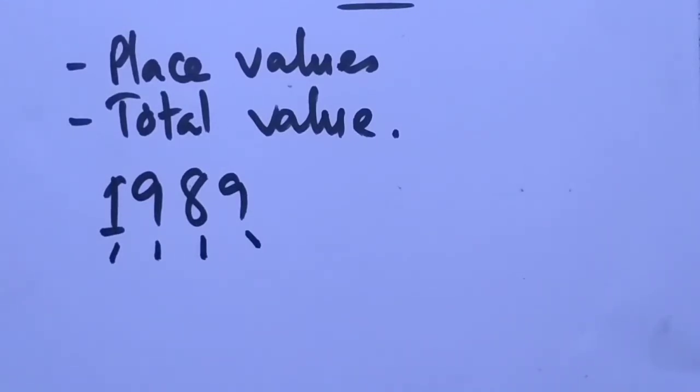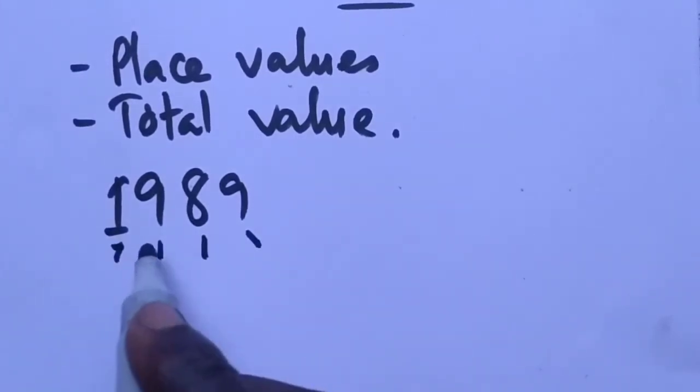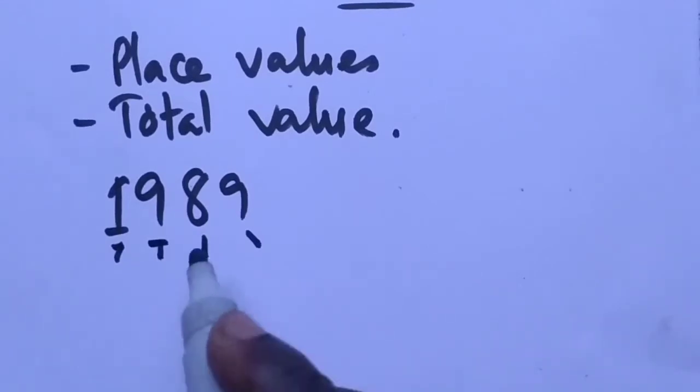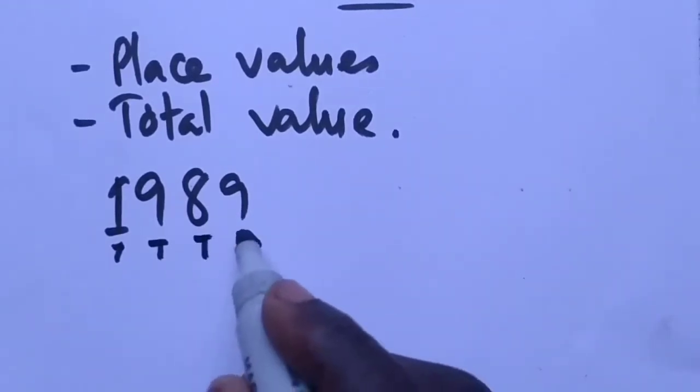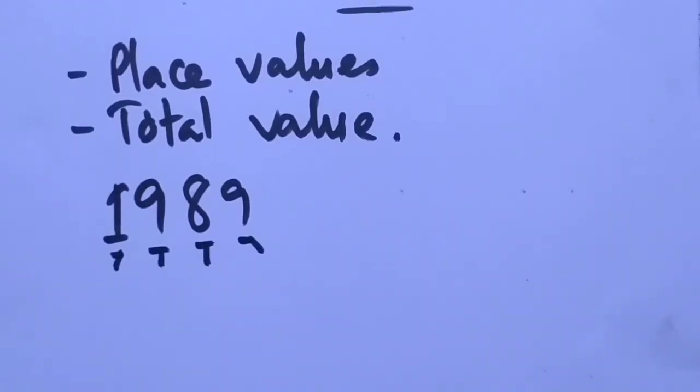Each digit in a number has a different value depending on its position. So for example, the value of this one is 1000, while this one is 900, this one is 80, and this one is 9. You see? So this number, tumeipataje hii number?